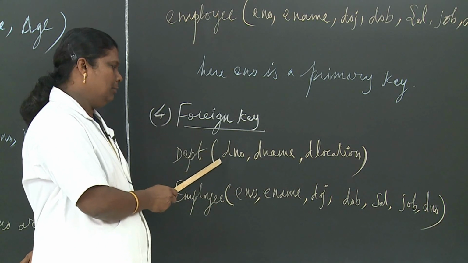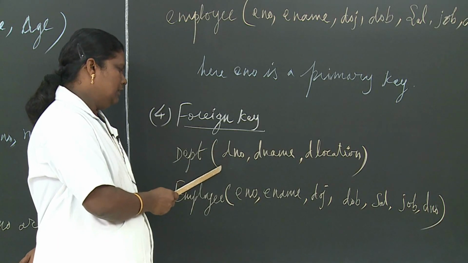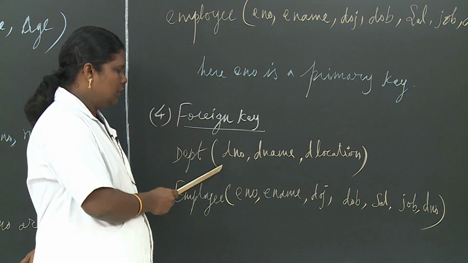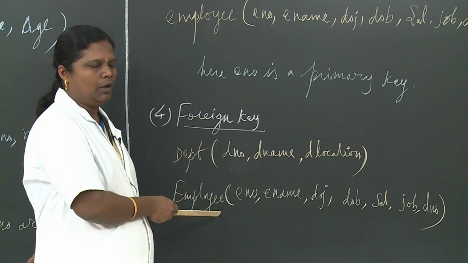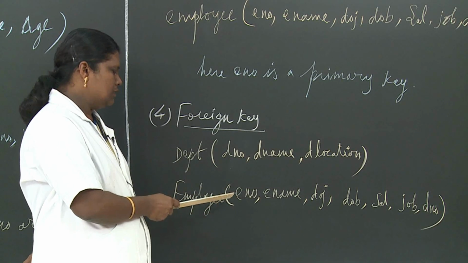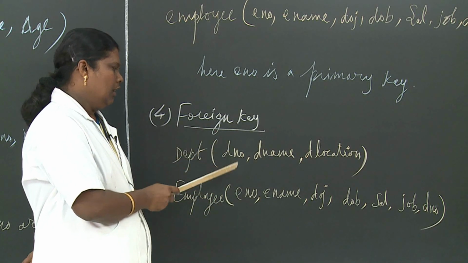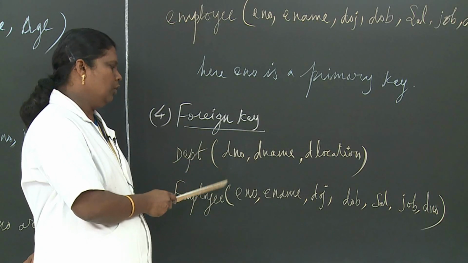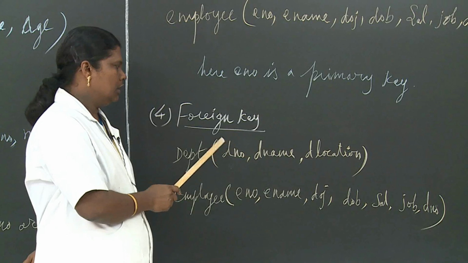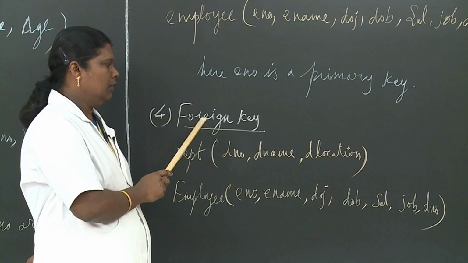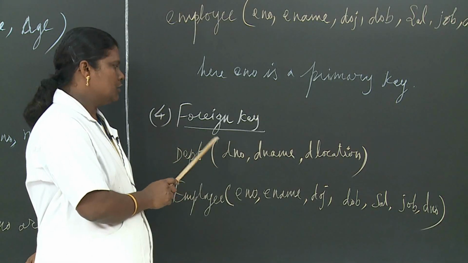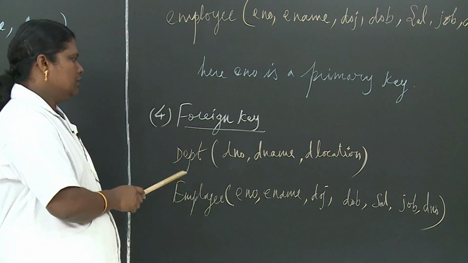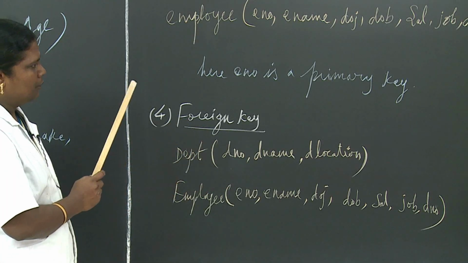Other than the department numbers available in the department relation, it won't allow records in the employee relation. In that case, we can use the foreign key to relate any two or more relations. So that is the purpose of foreign key.